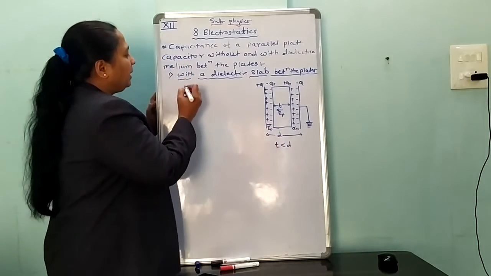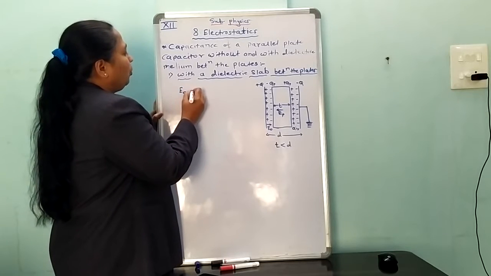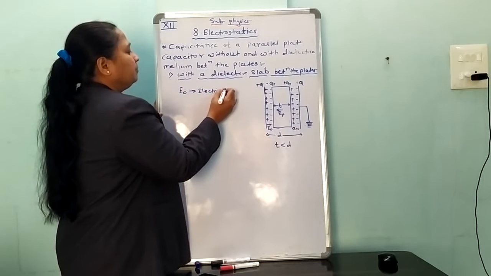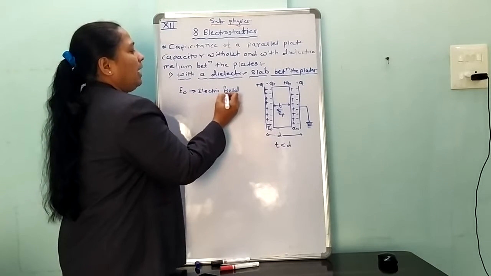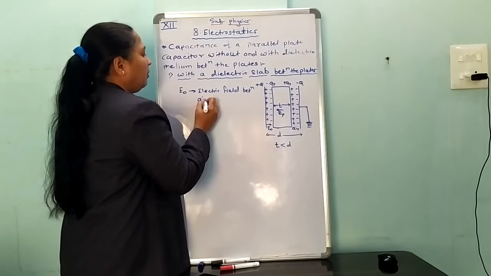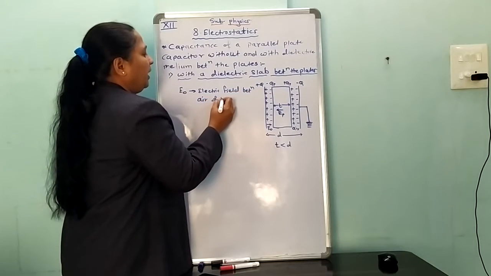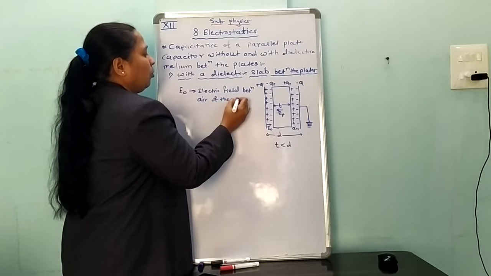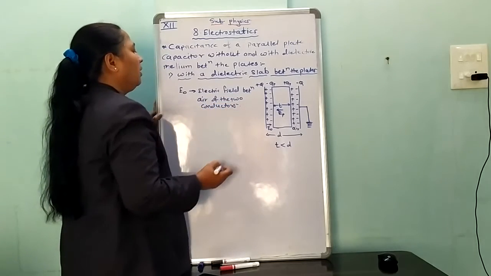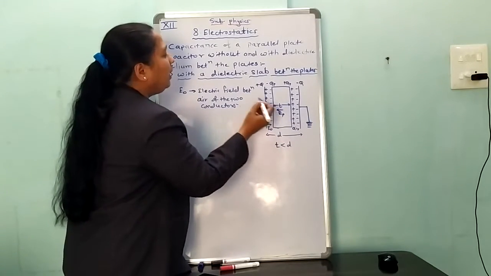The electric field intensity E0 is the electric field in the air between the two plates, the two conductors.